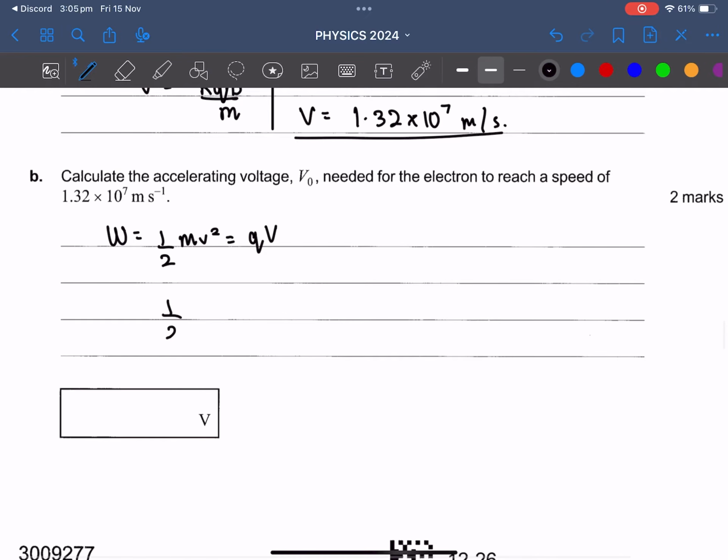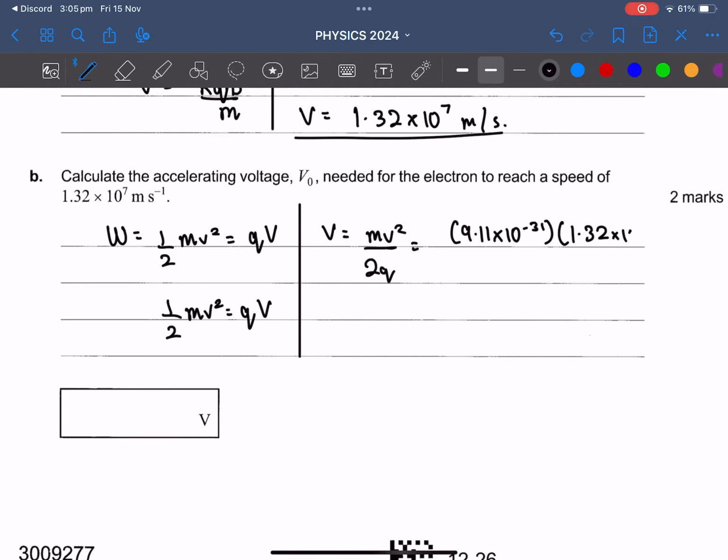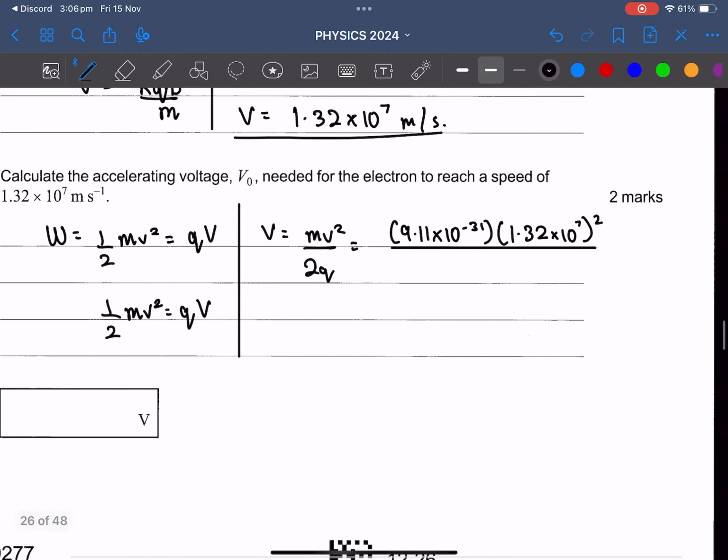So the voltage is equal to mv squared divided by 2q, which is 9.11 times 10 to the minus 31 times 1.32 times 10 to the 7 squared, divided by 2 times 1.6 times 10 to the minus 19.